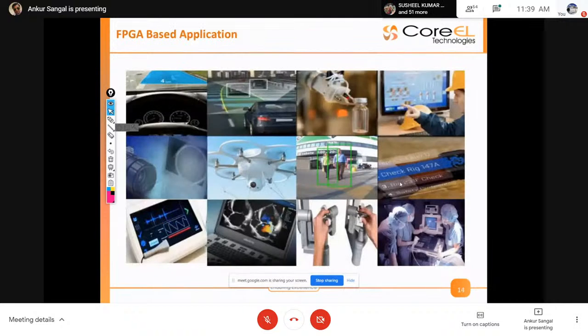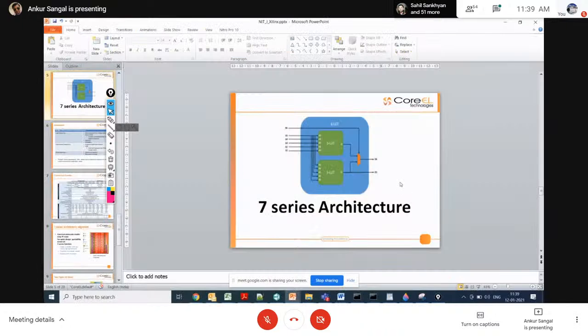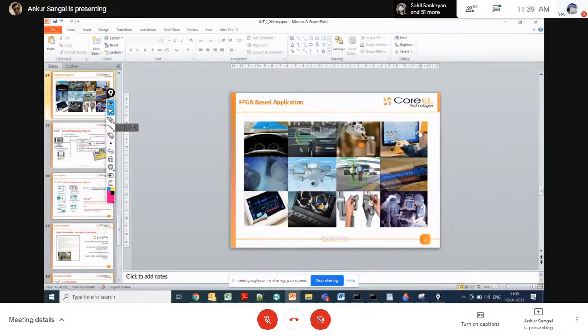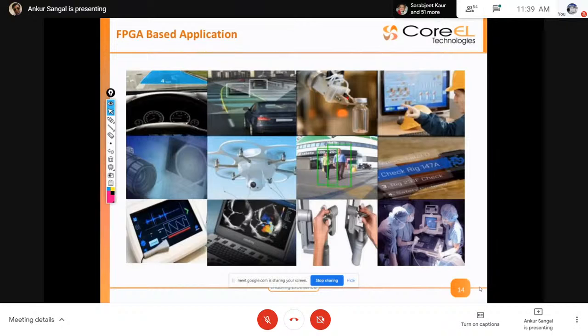So now up till what we have discussed, we can just summarize. We have discussed the 7 series architecture. In this 7 series architecture, we have discussed the LUT. The 7 series architecture has a 6 input LUT, so 6 inputs and 2 outputs.